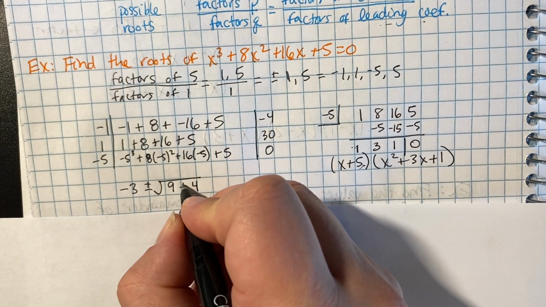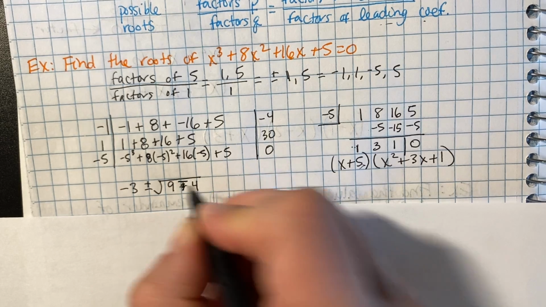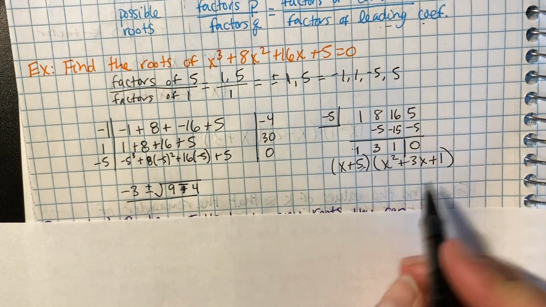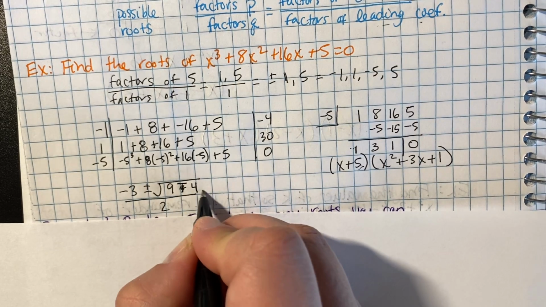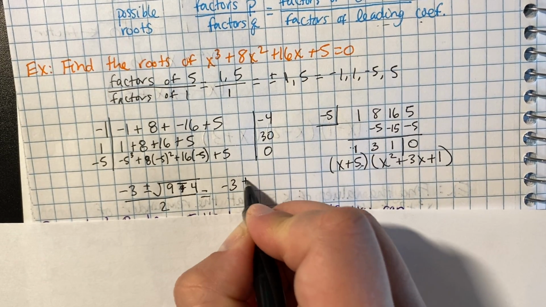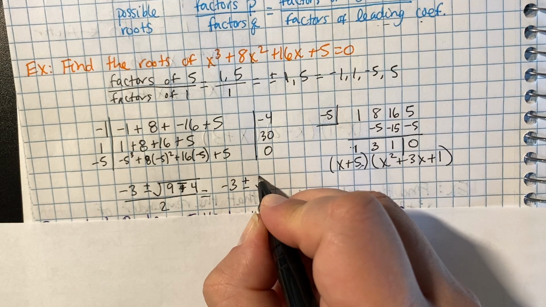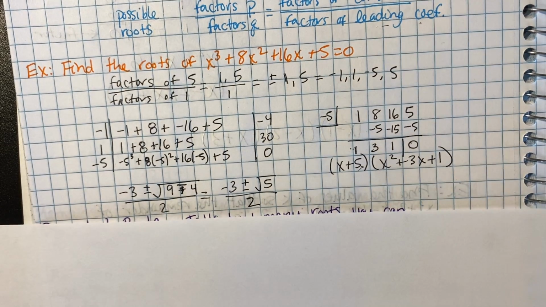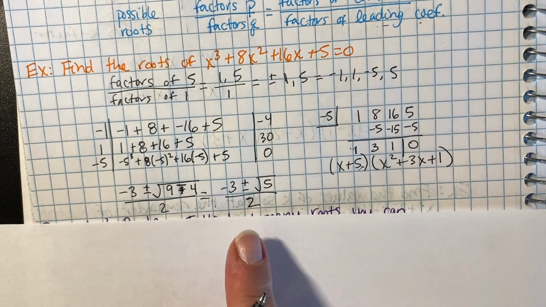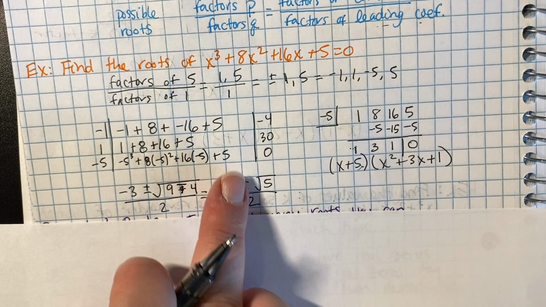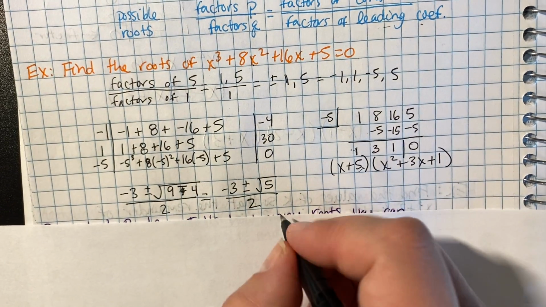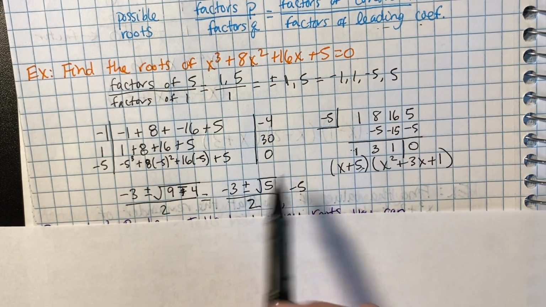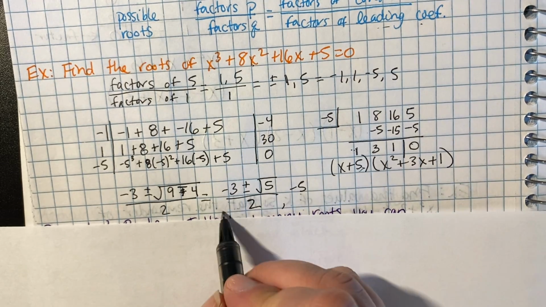Whoop, I messed up. This is a minus. Okay. All over 2a. So this is 2 of our answers, plus and a minus version, and then -5 is another answer. That's 1, 2, 3 answers, and this needs 3 answers, so we're done.